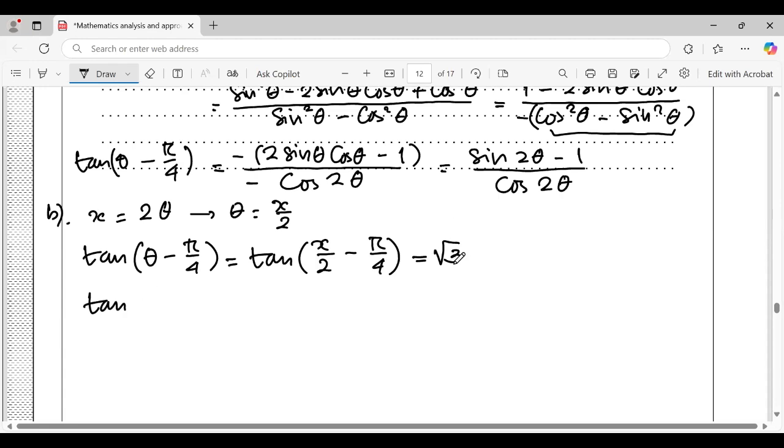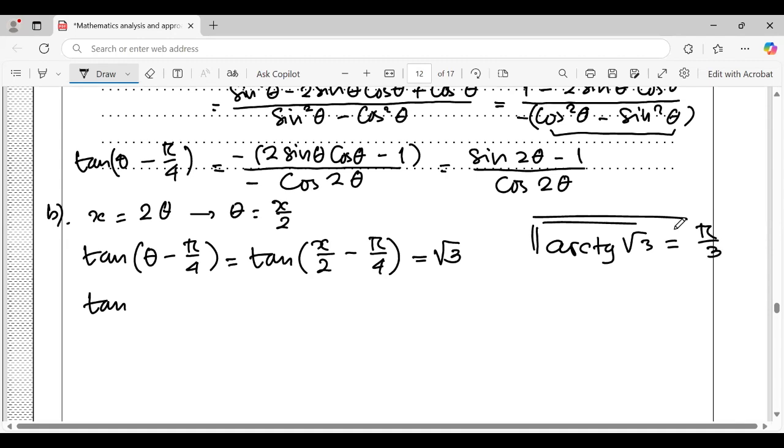To find this we use arctangent: arctangent of square root 3 is pi third.